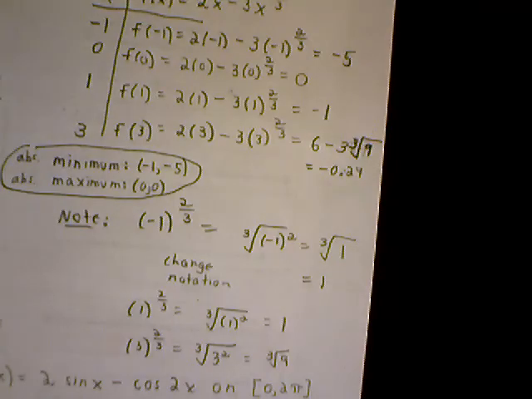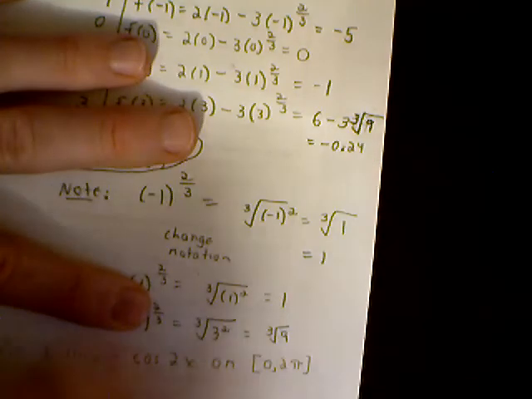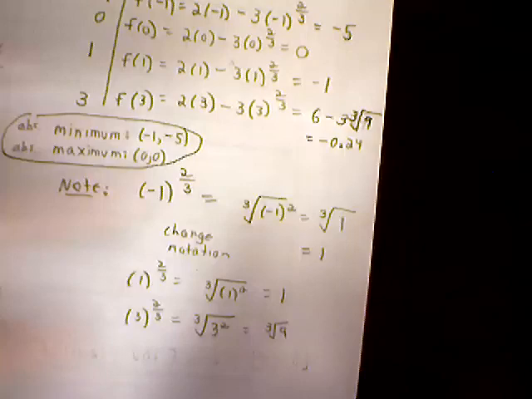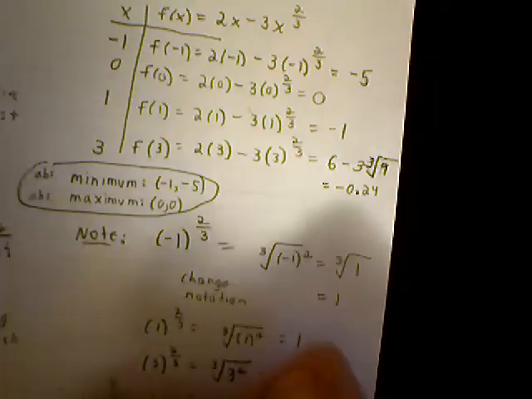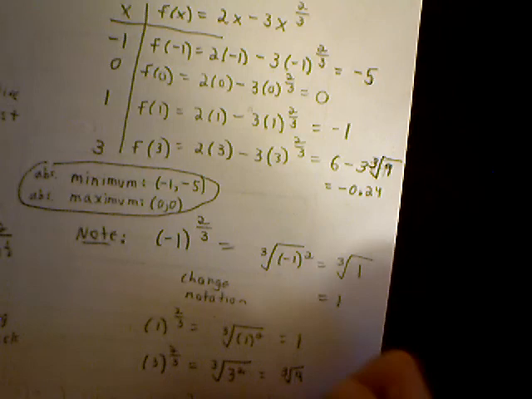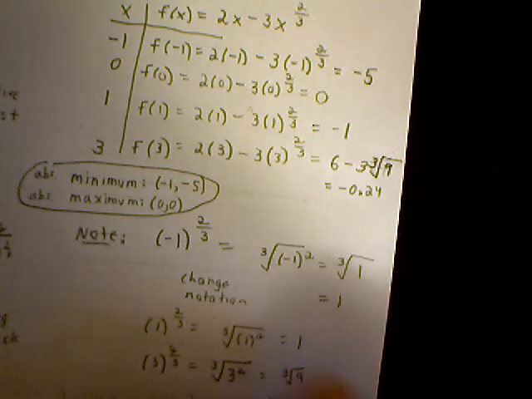Now let's go ahead and graph it just so that you have a visual of what's going on here. I'm just going to graph these points I found for x and f of x. I'm going to have -1, -5, 0, 0, 1, -1, and 3, -0.24.